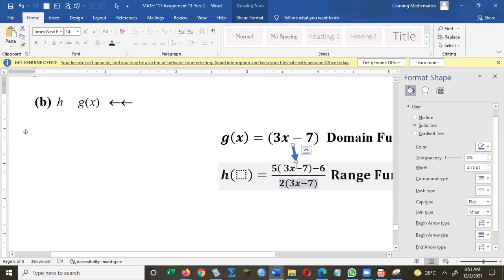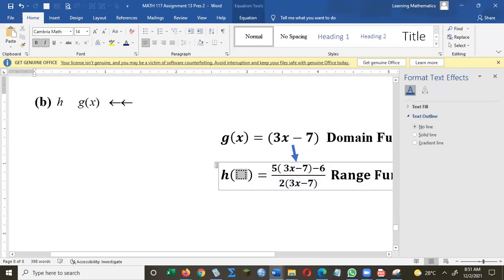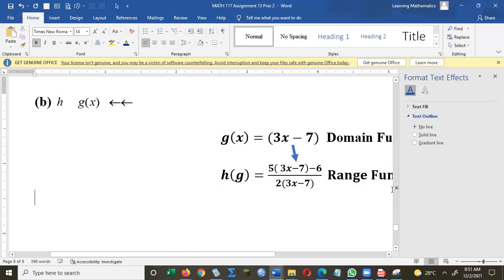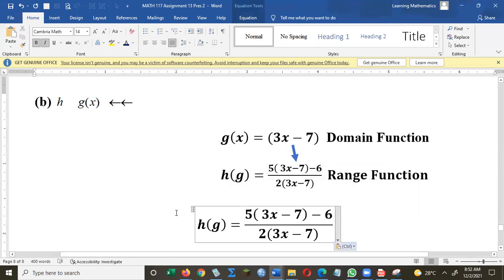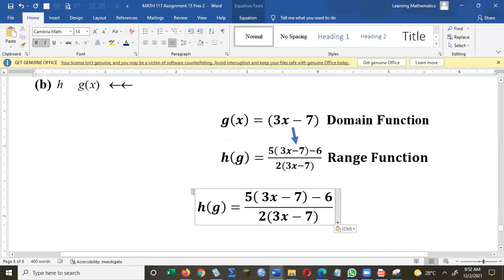Don't you see a function going into a function? G is going into H. Here is G, 3x minus 7, going into H. A function into a function. And then your next step now is to, yes, the HG.